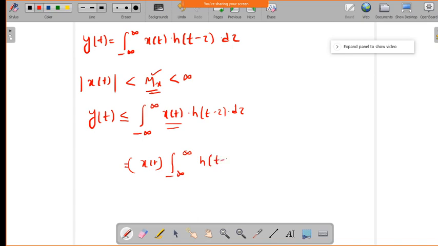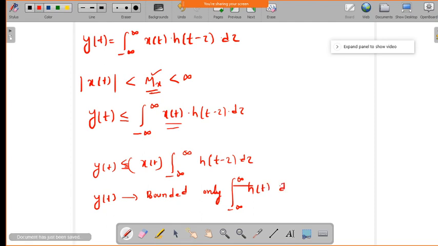Now the output y of t is bounded only when the integral from minus infinity to plus infinity of h of tau d tau, the impulse response, is absolutely integrable.